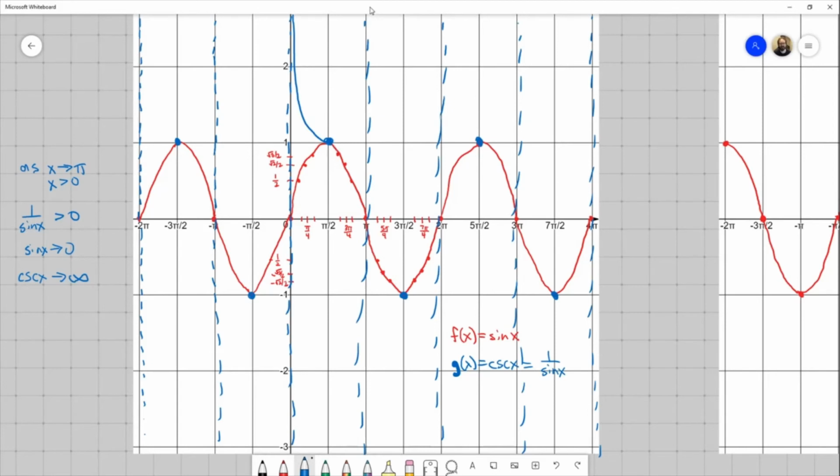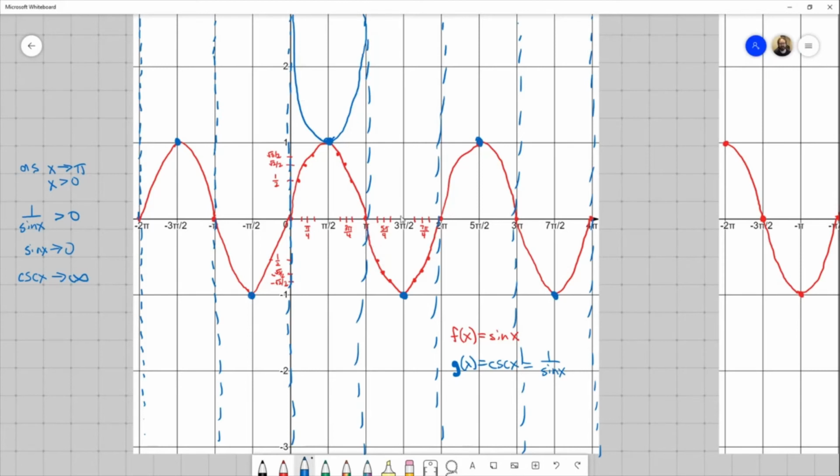This is a relationship between numbers and their reciprocals. If a number is close to 0, then its reciprocal is very large, and vice versa. So thinking about cosecant as the reciprocal of sine, wherever sine is small, cosecant is going to be very large. Wherever sine is close to 1, the reciprocal is also going to be close to 1. So that's what the graph of cosecant looks like on the interval 0 to pi.